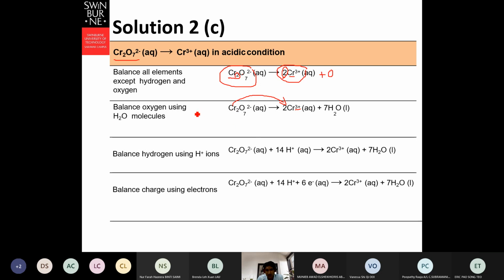It will come at a later stage. And then these 7 oxygen, how many water can they produce? 7 molecules of water. To produce 7 molecules of water, we have to add 14 atoms of hydrogen. 7 times 2, 14 atoms of hydrogen. Right. So the 14 hydrogen, which I added, should be 14 hydrogen plus.